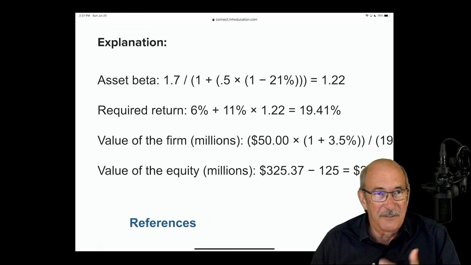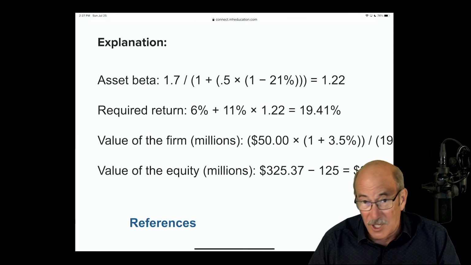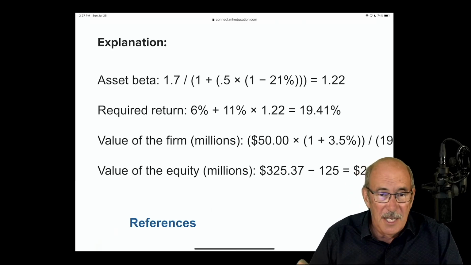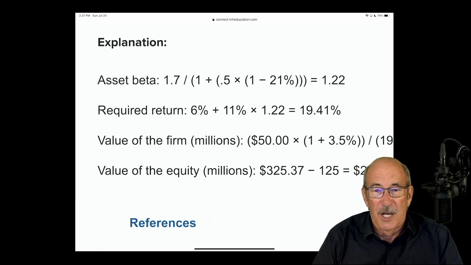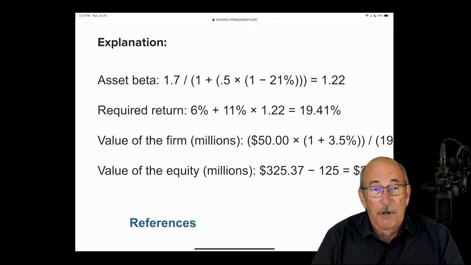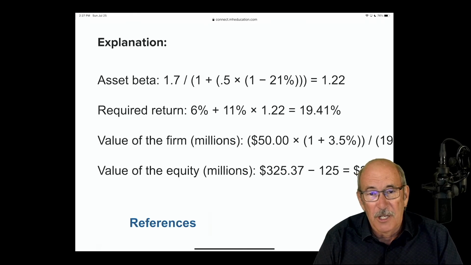Some of these little tricks to think about things will save you from making errors, or at least perpetuating that error. Next, we use that asset beta to calculate our required rate of return, our discount rate, our K, whatever you want to call it. It's all the same thing. We know that our risk-free rate is 6%.